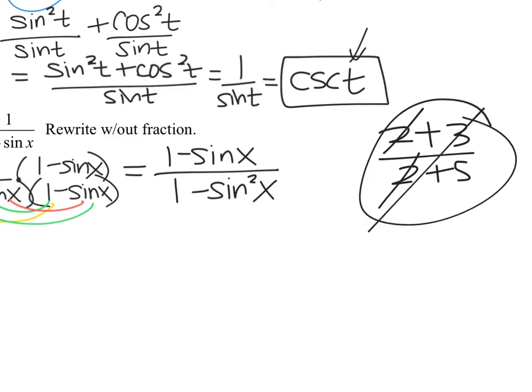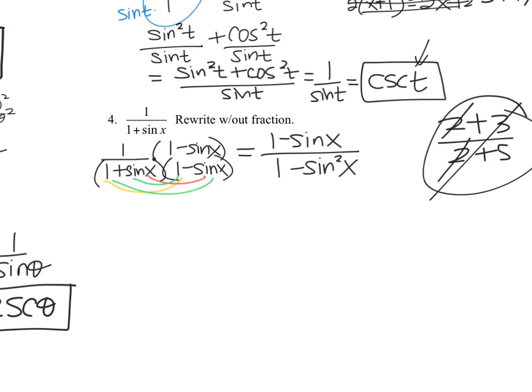All right, so over here, whenever I see a 1 with a plus or minus one of my trig functions squared, I got to think Pythagorean identity. And my Pythagorean identity is cosine squared plus sine squared equals 1. So if I rearrange that identity a little bit, what is 1 minus sine squared?